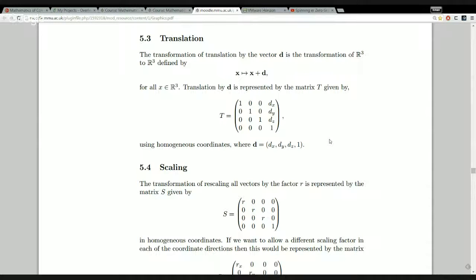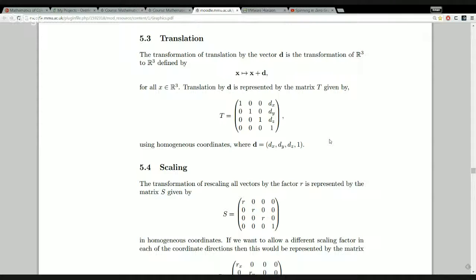You get x1 plus dx, x2 plus dy, x3 plus dz, and the fourth row into the column will give us a 1 there again.